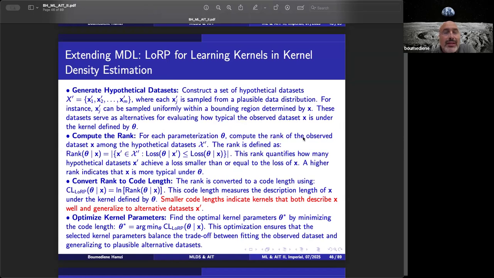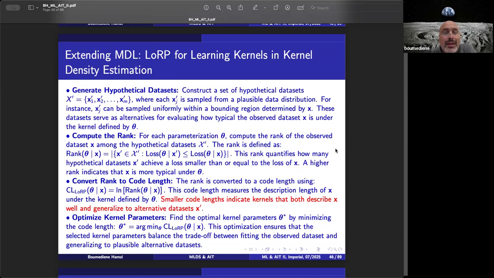For each parameterization theta, we compute the rank of the observed data set among the hypothetical data sets. The rank is defined as the cardinality of the following set: the number of elements X prime such that the loss of theta given X prime is less than or equal to the loss of theta given X. So this rank quantifies how many hypothetical data sets achieve a loss smaller than or equal to the loss of X, the observed data set.